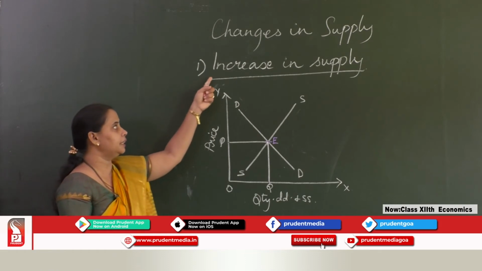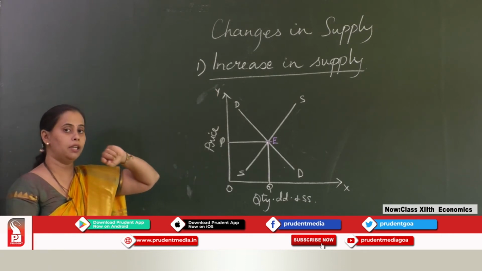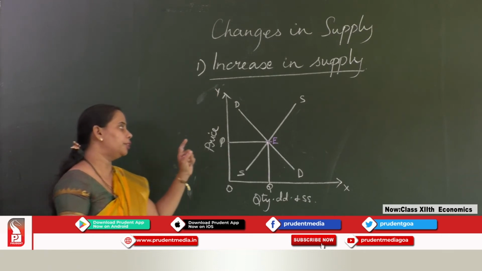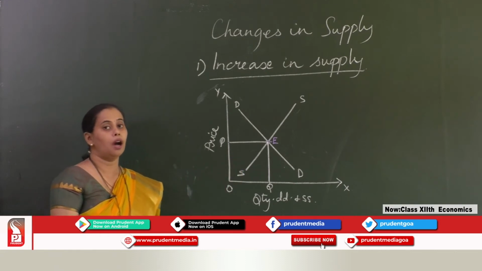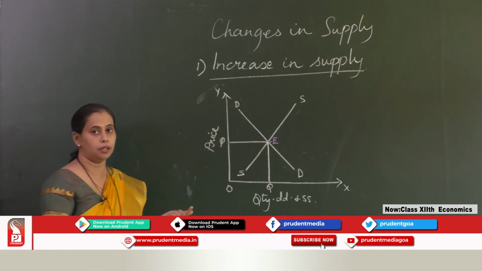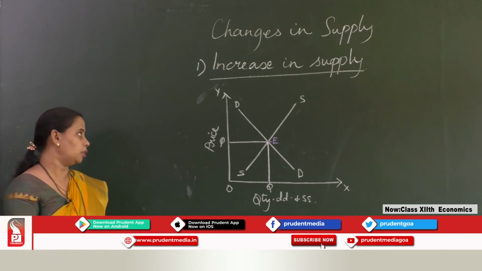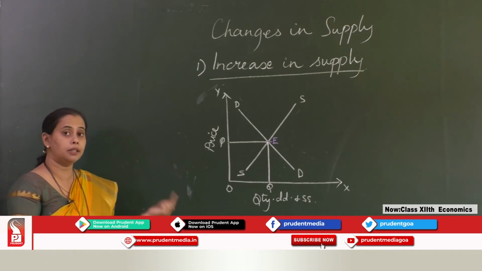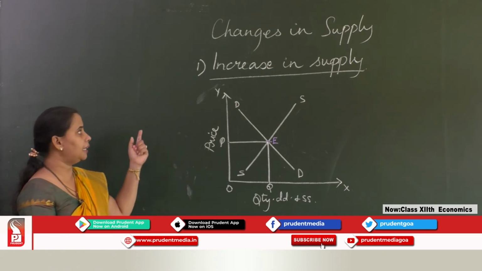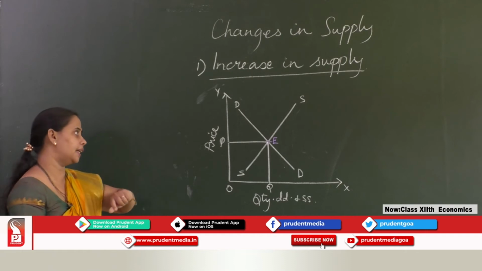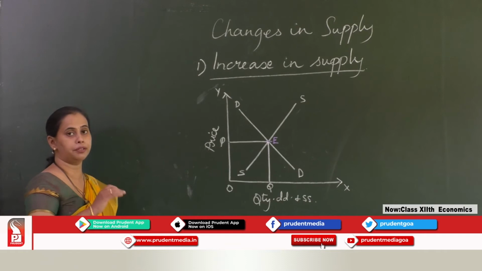Now the first change is the case of increase in the supply curve. Whenever there is an increase in the supply curve due to factors other than price, for instance, there could be a fall in the government taxation, or there could be an improvement in the technology, etc. So because of different factors other than price, when the supply increases, the supply curve shifts towards the right, or it shifts outward.